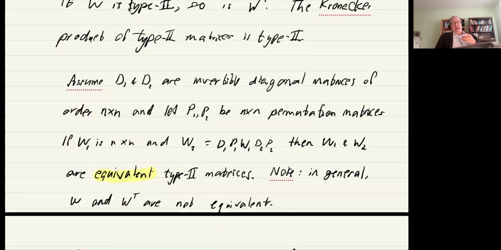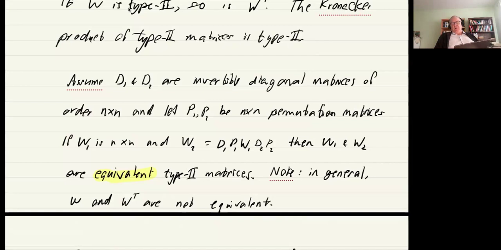The product of a diagonal matrix with non-zero entries and a permutation matrix is sometimes called a monomial matrix. So if I want to use jargon, I can say that if W is type 2 and M1 and M2 are monomial matrices, then M1 W M2 is a type 2 matrix. If you permute and scale the rows and permute and scale the columns, you get a matrix which you can take to be equivalent.